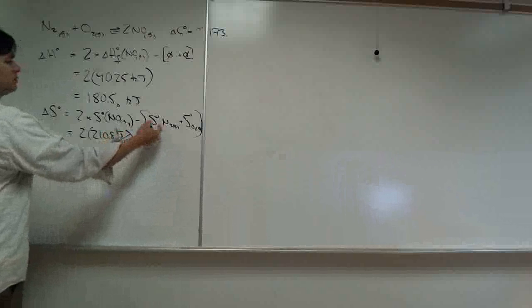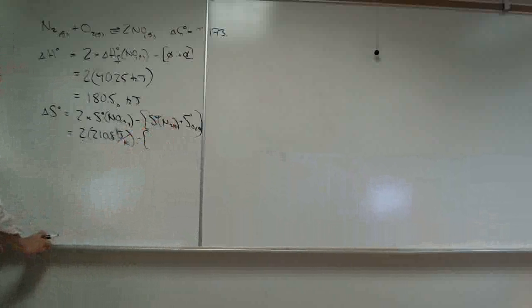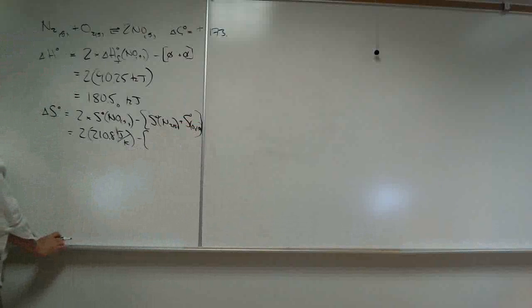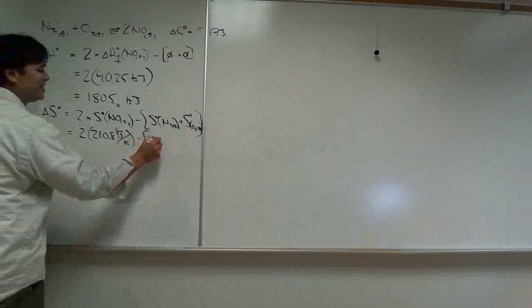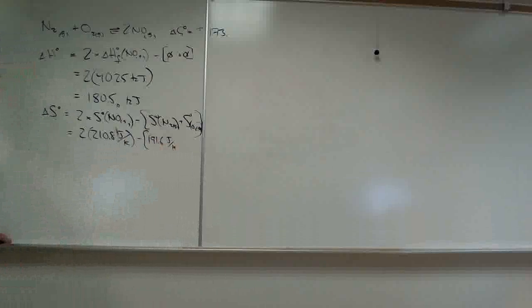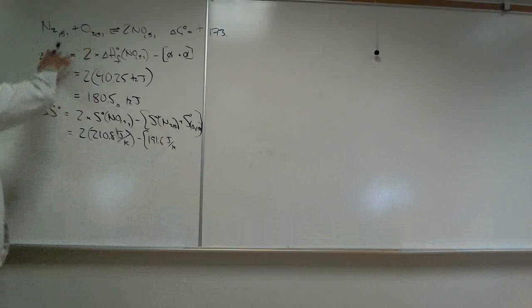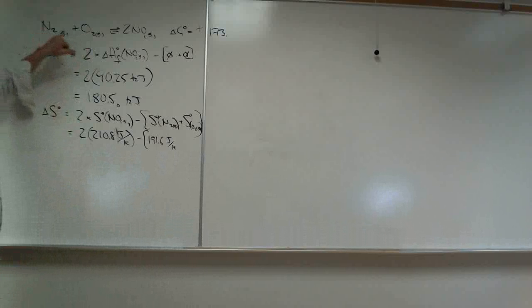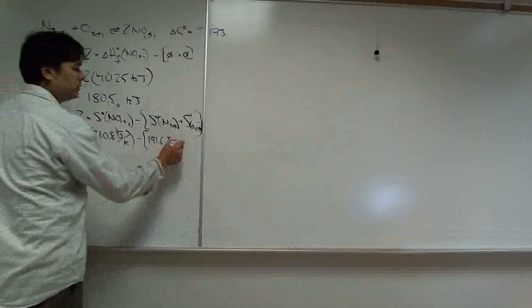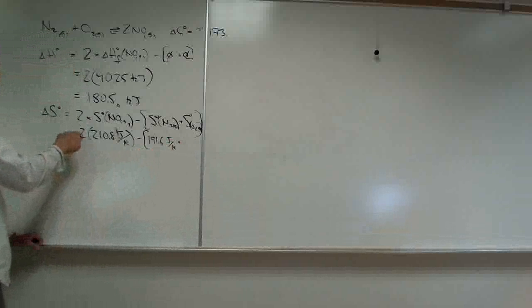And then what is the entropy for N2? It is 191.6. We only have 1 mole of that, joules per Kelvin. Gases should be like 100 to 200. Yeah, except we're going to do this as this reaction is written. And so it's per mole, per 2 moles, so the moles cancel out.